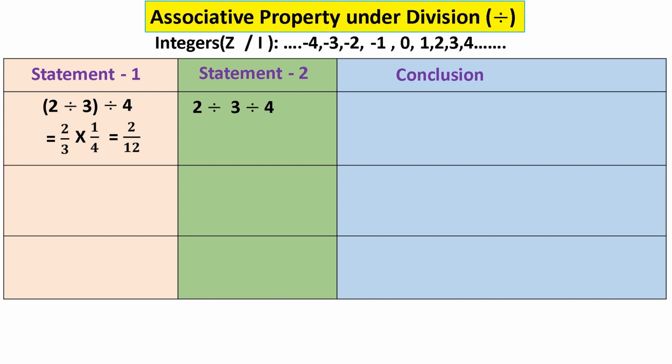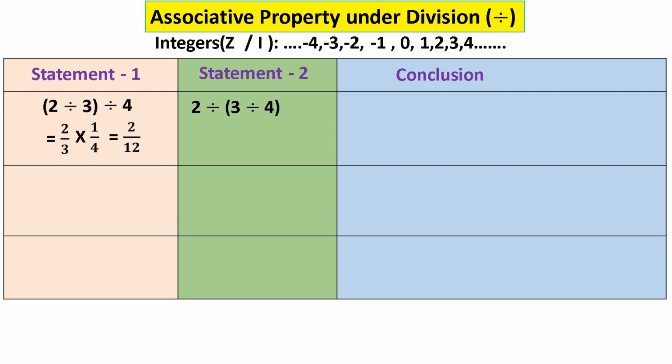In statement 2, we will take the same integers, 2 divided by 3 divided by 4. Here in statement 2, we will divide the 3 and 4, it means 3 divided by 4. We apply the division process for the last 2 integers.